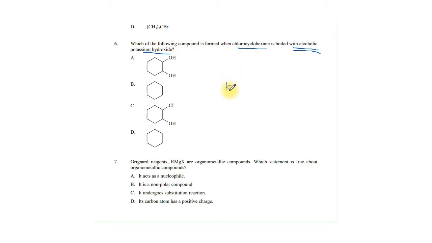One is potassium hydroxide in ethanol, ethanol being one of the alcohols, and then heat. This one undergoes elimination. The other one is KOH aqueous or NaOH aqueous. This one undergoes nucleophilic substitution. So in this case, alcoholic, so the answer is B.